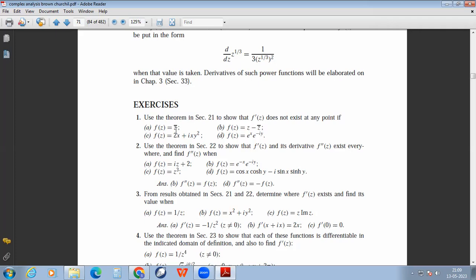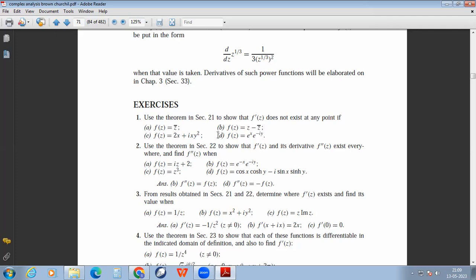Z bar means it is x minus iy. So you'll come to know what is your u, what is your v. Write z as x plus iy, accordingly z bar. Collect u, collect v, and show that the Cauchy-Riemann equations fail. Same here. Are you getting me?